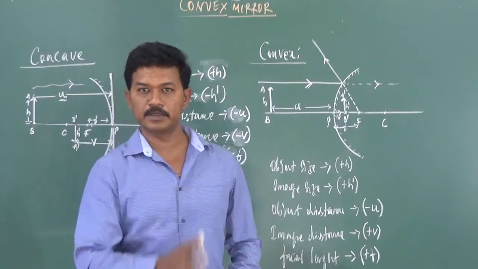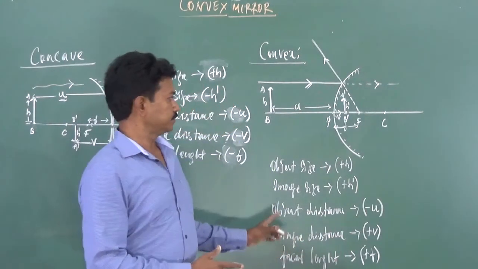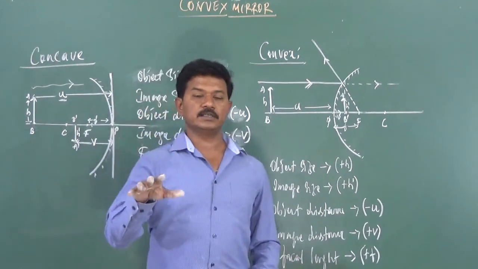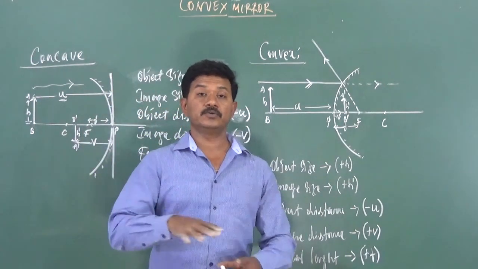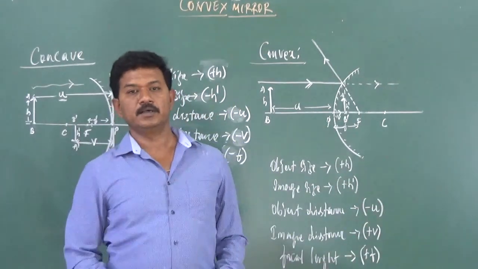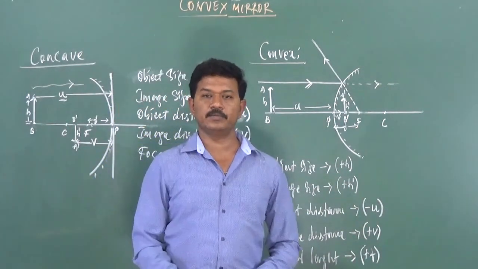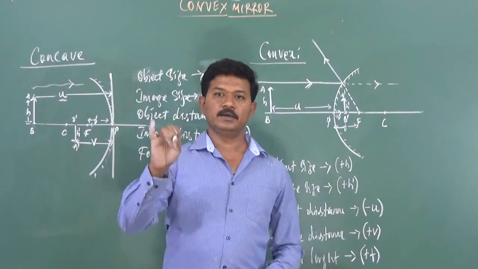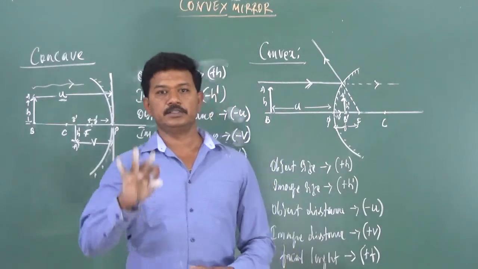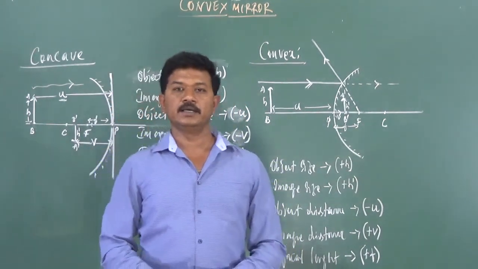So make a note of this. Once you understand the concept very well, you will be able to very easily solve all the numericals on mirrors. In tomorrow's session, I will be going with mirror formula, magnification, and magnification of concave mirrors. These three topics will be covered in the next session.